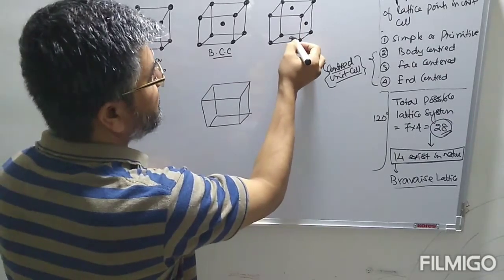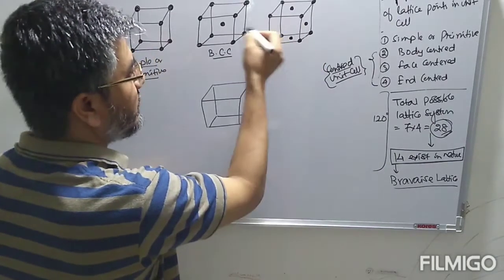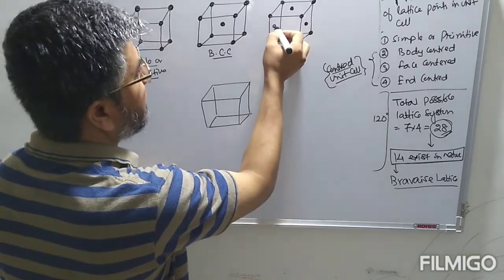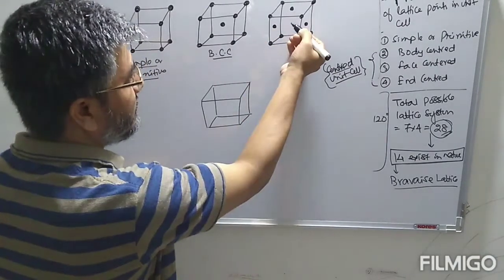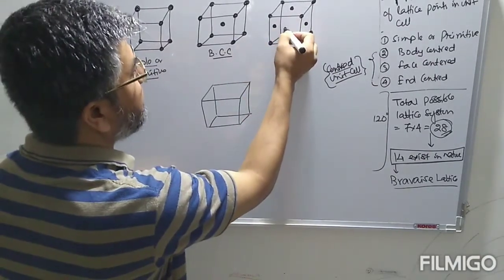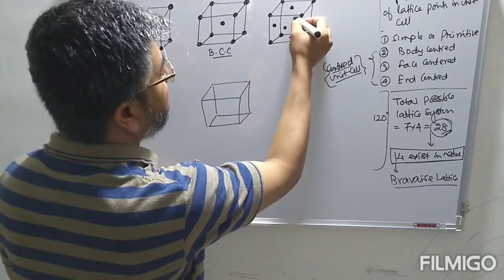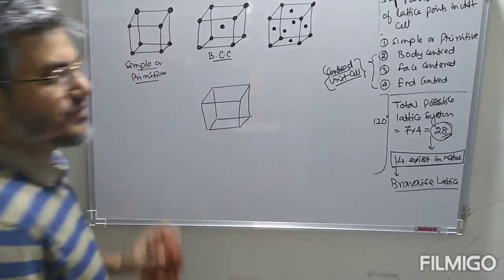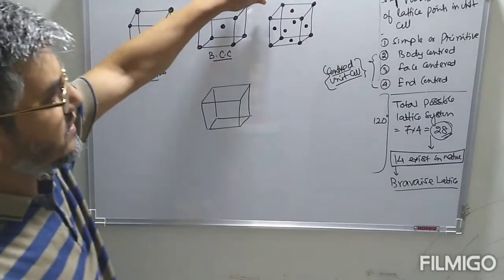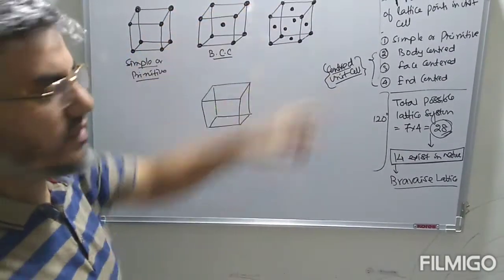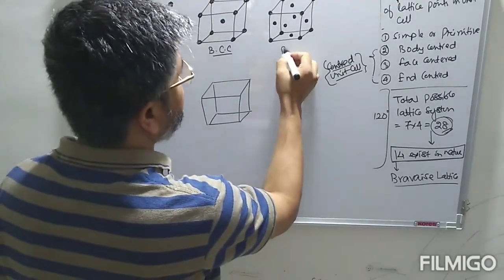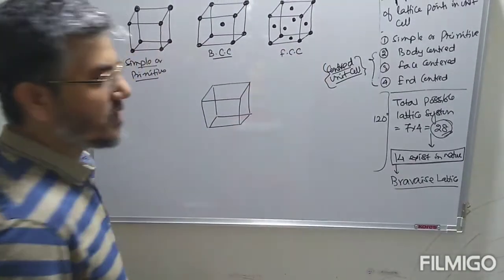The center of the bottom face, a lattice point. The center of the left face, again a lattice point. The center of the front face, again a lattice point. And the center of the rear face, again a lattice point. So along with the corners, lattice points also occupy the centers of faces, which is a face centered cubic unit cell.